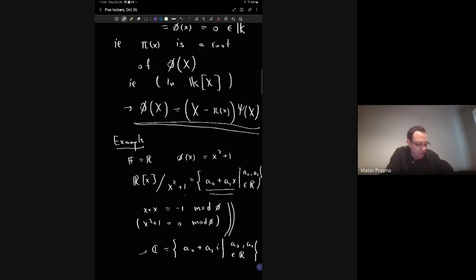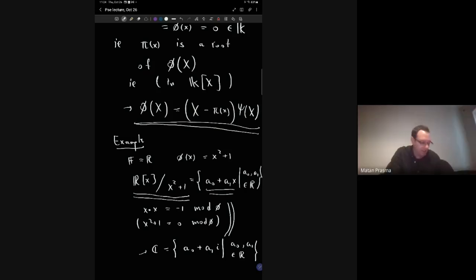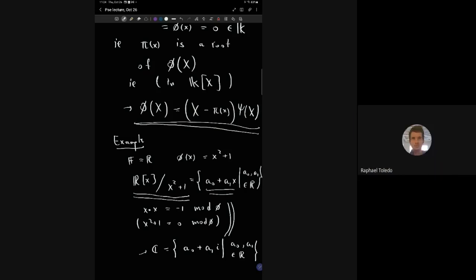But in fact, from a more advanced, mature perspective, what we're doing here is we're modding out by a prime polynomial, and this means that we're adding a root of this polynomial. Okay. Thanks a lot.